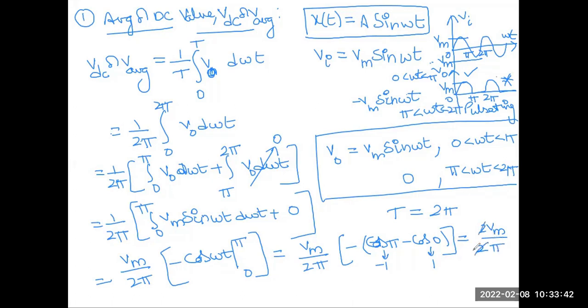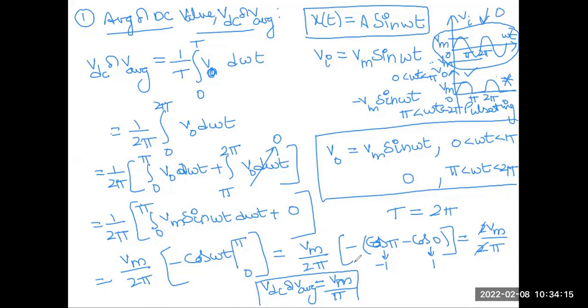So 2 gets cancelled. So finally what are you left with? VDC or V average equals Vm by pi. Now earlier, as one of your friends said, for a sinusoidal signal like this, using the same procedure, the DC or average component was found to be 0.